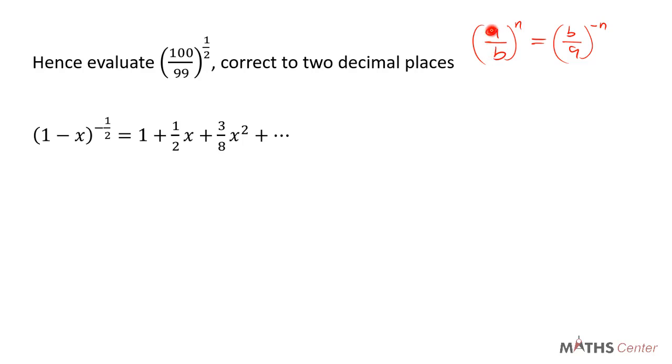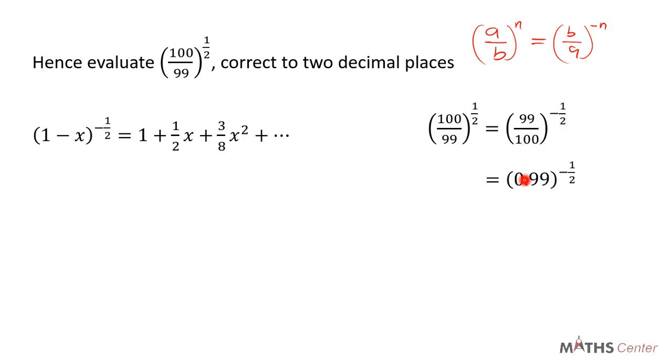So we will reciprocate the fraction. The numerator becomes the denominator and the denominator becomes the numerator. Then the positive exponent changes to negative. So here 100 divided by 99 exponent half can be written as 99 divided by 100 exponent negative half. So the exponent is now negative half.